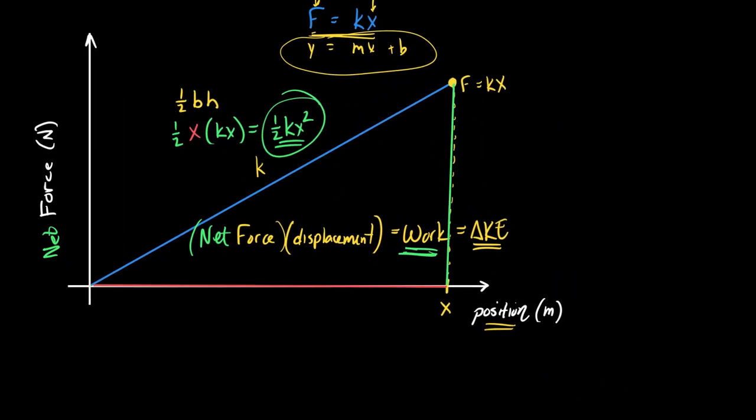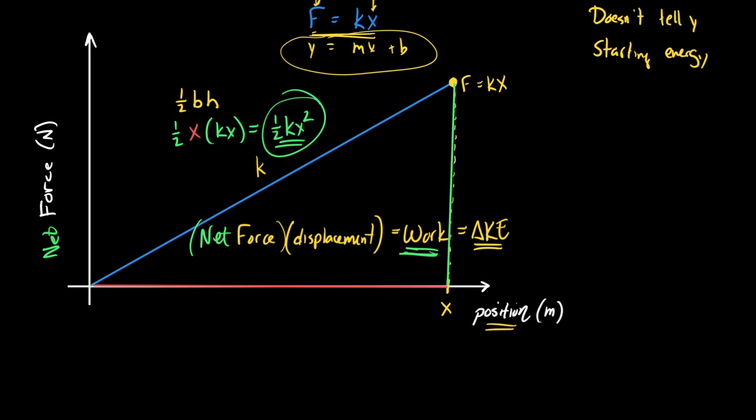To know anything else, you would need either the starting energy. It doesn't tell you the starting energy, doesn't tell you the velocity, doesn't tell you the mass. None of these things can be conveyed with this graph.